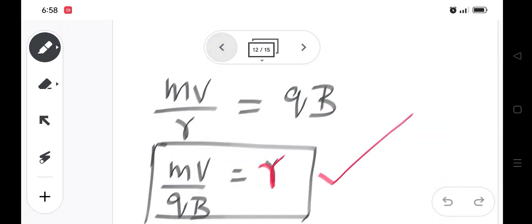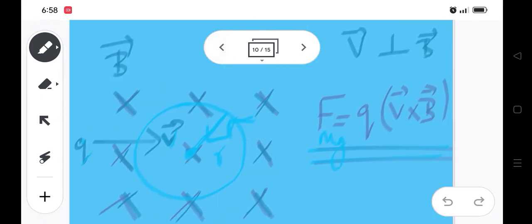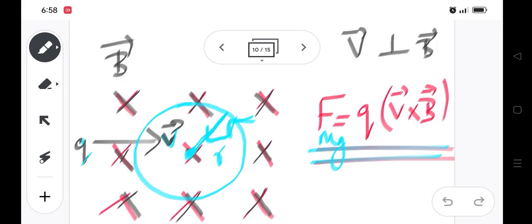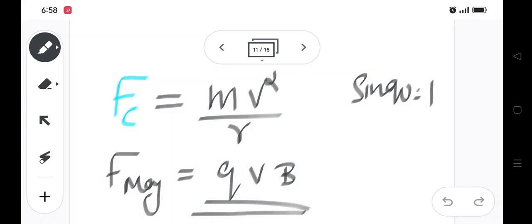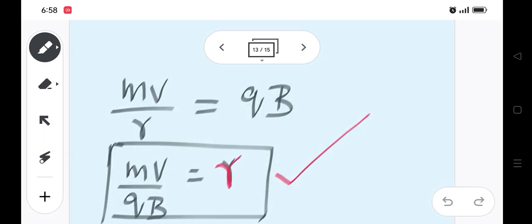So what did we learn? When only a uniform magnetic field is present and a charge q enters that region with velocity v, it will perform circular motion, and the radius of that circle is mv by qB. Very important equation.